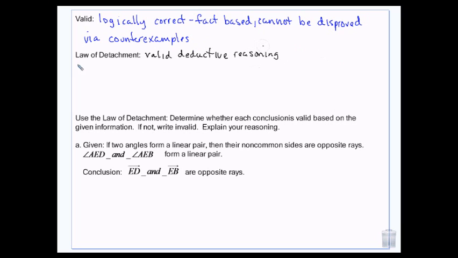And we're using conditional statements, if P then Q. So if we have the statement if P then Q, and that is true, and P is true, then Q is also true.